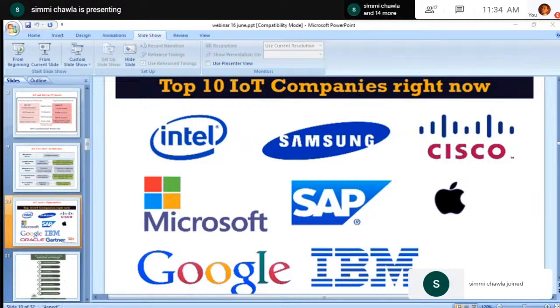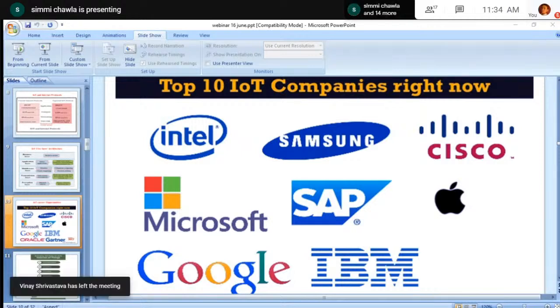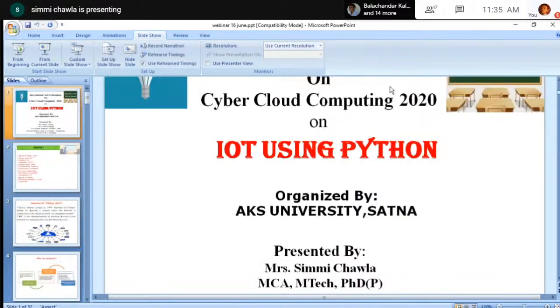Is it visible to everybody? Yes, ma'am, it is visible, but it is the same. It is the same, but actually from my side this is the complete view that I have taken. Ma'am, have you shared the entire screen? Yes, I am sharing the entire screen feature and I have clicked upon it already.